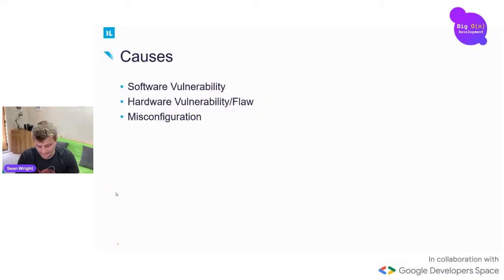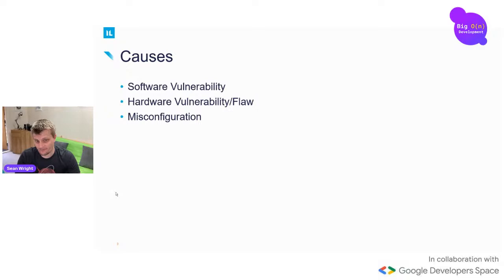If you look at security, I boil down the causes of security issues, incidents and vulnerabilities into 3 categories. The first being a software vulnerability: a bug or flaw within software that someone's introduced, either maliciously, which is thankfully very rare, but often unintentionally.